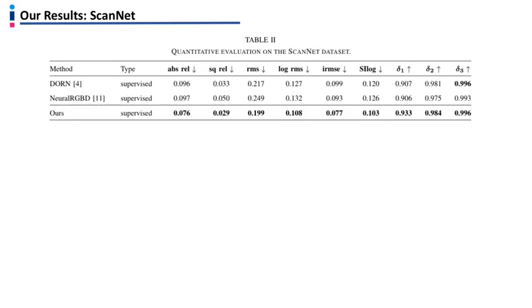Besides the outdoor KITTI dataset, we also conduct experiments on the indoor ScanNet dataset. This table compares our method with two representative approaches on the ScanNet dataset. Our method performs better on the first 9 metrics and achieves comparable performance with DeepV2D on metric 3.